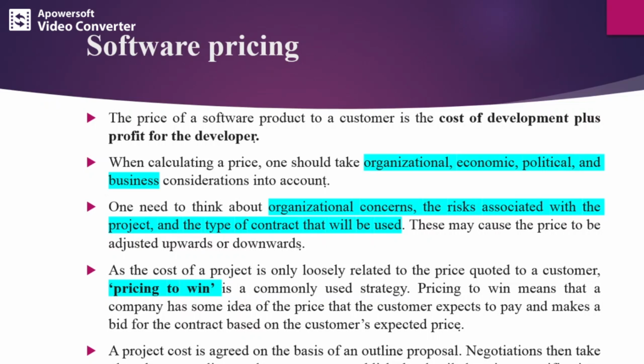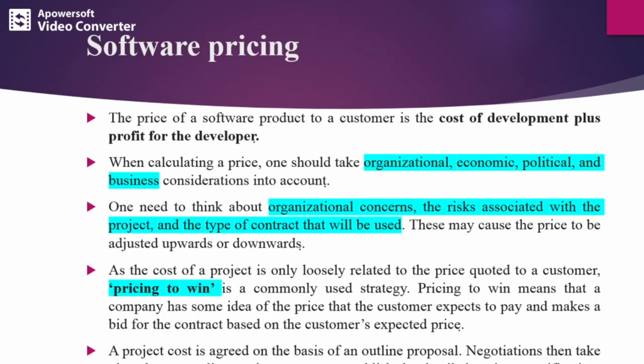So how can you give the price? The price of a software product to a customer is the cost of development. So you can set the price based on the development cost. How much cost has been incurred while developing the software? You can put all those amounts there, all the charges.